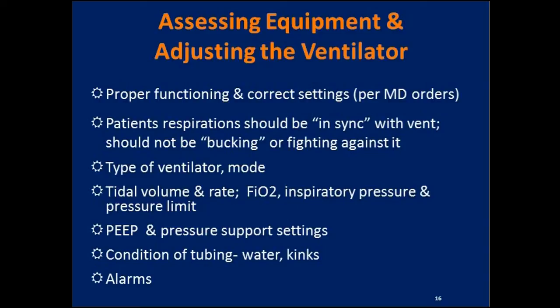Do they need to be suctioned? Are they coughing? Something's going on. So you have to do a physical assessment and make sure that the patient's respirations are in sync with the vent and that they're not fighting against it or working against what the vent is trying to do.